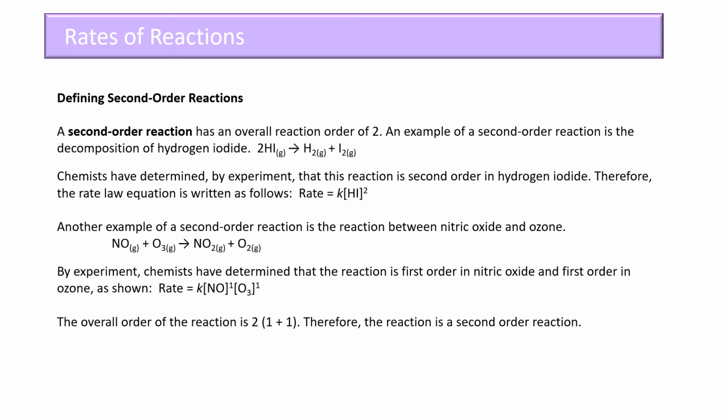Rate equals k times the concentration of NO to the exponent 1 times the concentration of O3 to the exponent 1. This means then that the overall order of the reaction is 2, 1 plus 1. Therefore, the reaction is a second order reaction.